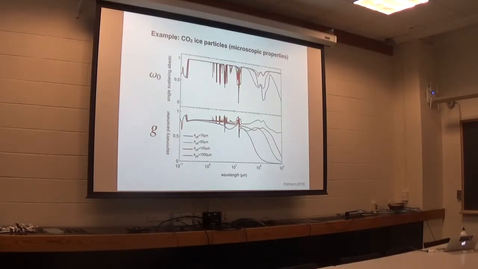There's a method in the Earth and planetary sciences called the k-distribution method. This is one of the things we do. There are other tricks you can do, but the gist of the k-distribution method is that there's a theory that allows you to turn this complicated function, which is very rich in structure, into another function that depends on a dimensionless number, which is the cumulative distribution, the area under the curve.